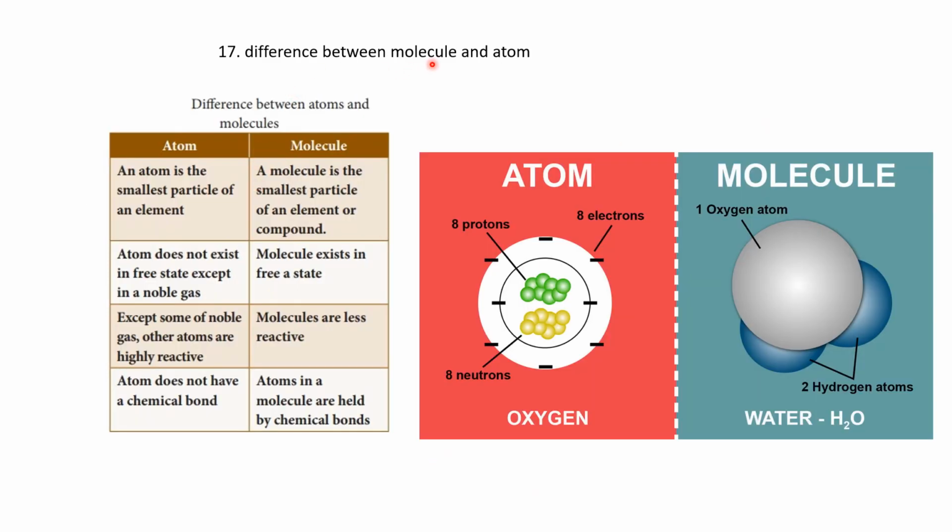Next one, see the difference between molecules and atom. What is atom? What is molecule? We have to know. Atom is the smallest particle of the element. Element means what? You all know what is element, isn't it? I told you in the last class, Au and hydrogen.